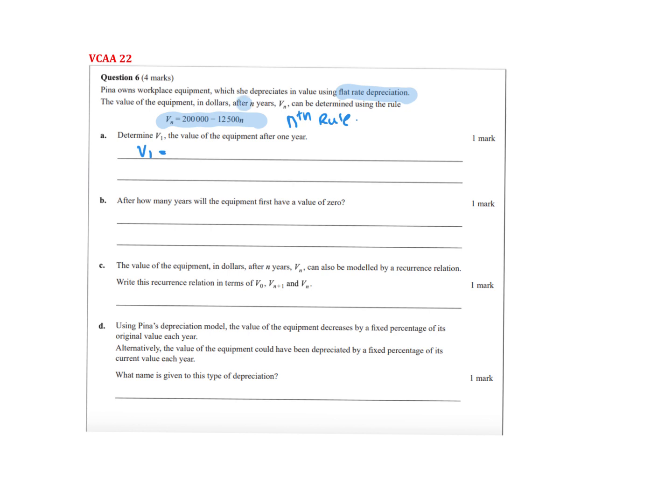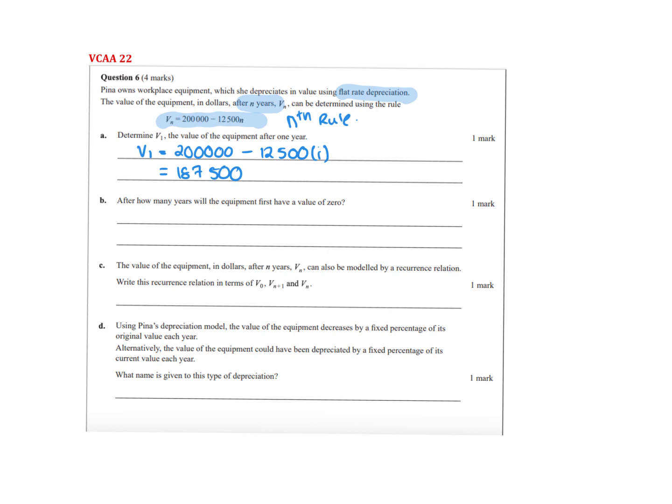Just be careful, it was an N-year formula. So V1 would be 200,000 minus the 12,500, which times 1, if you like, which ends up being 187,500.